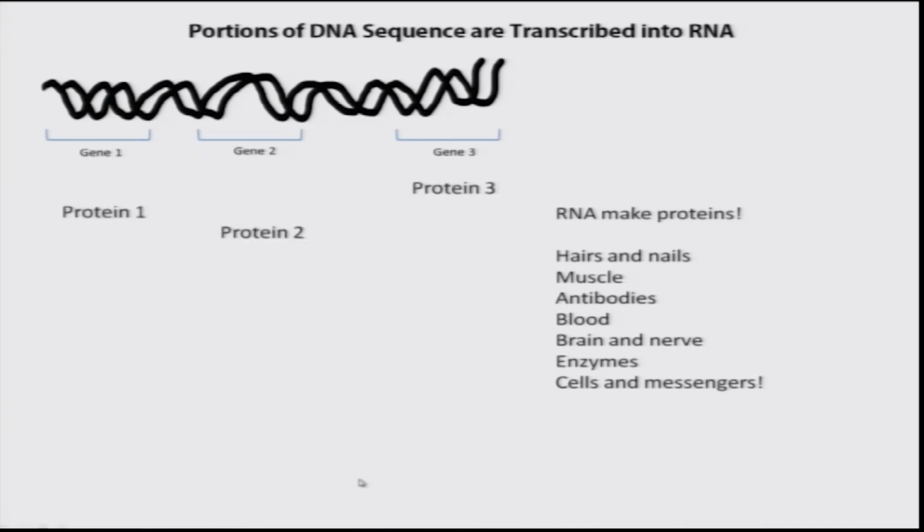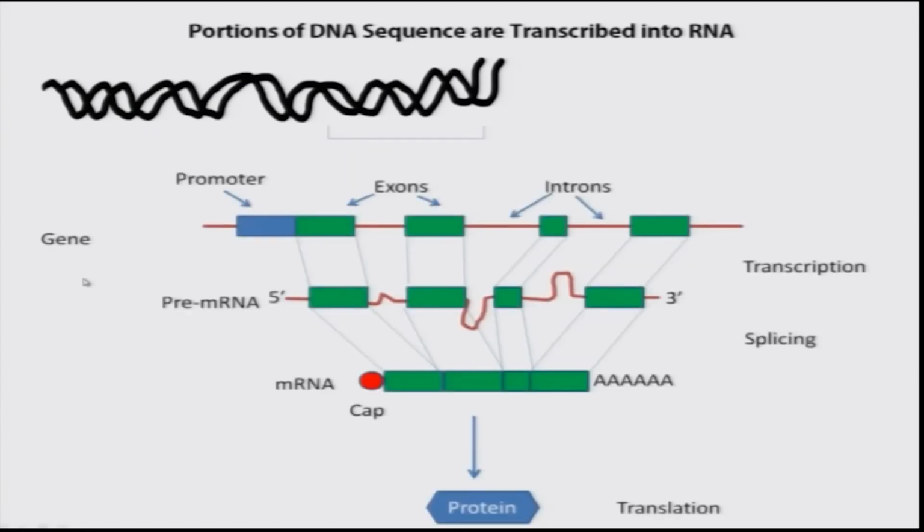Now likewise, some genes could code for an enzyme, another gene could code for a transcription factor, some other could code for a protein hormone, and so on. So that is how the coding or the information from the DNA to protein is passed on.